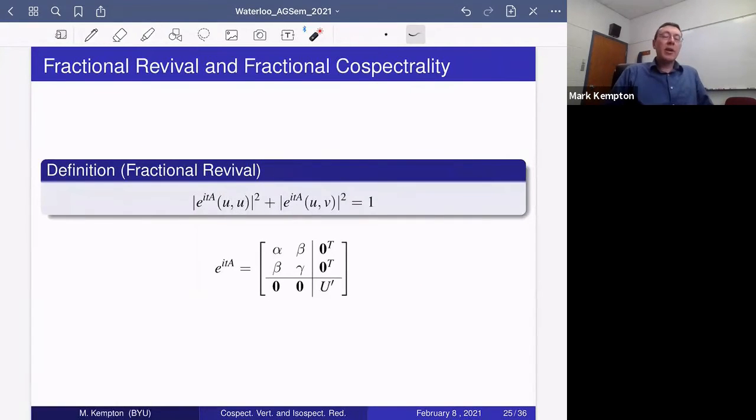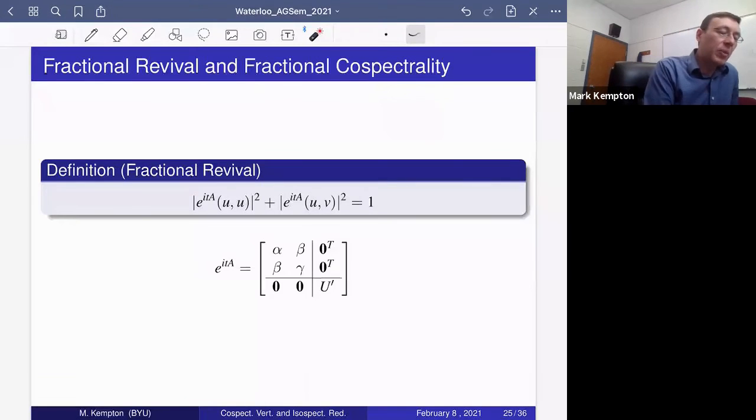So there's a generalization of quantum perfect state transfer called fractional revival. After we published this paper, I wondered if the isospectral reductions could tell you anything about fractional revival. Basically the same ideas all carry through, just in a little bit more generality.